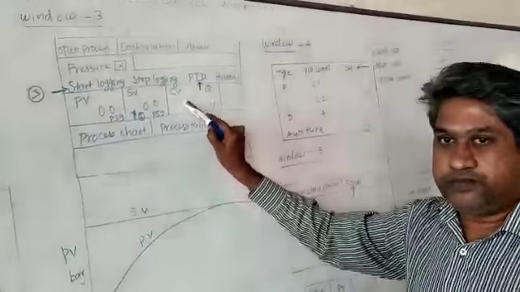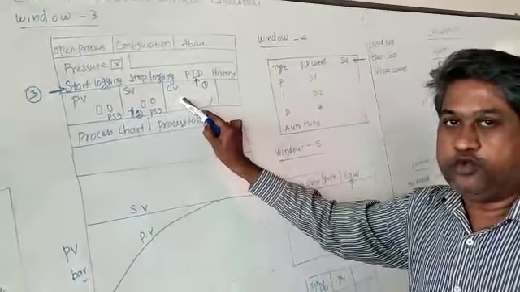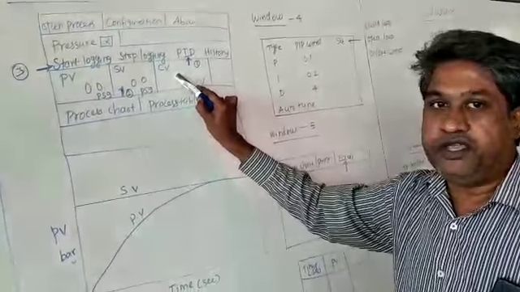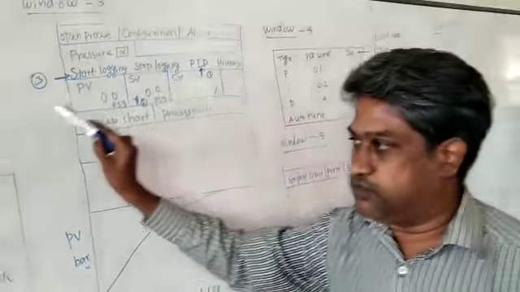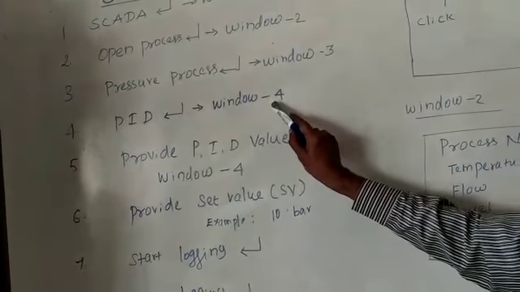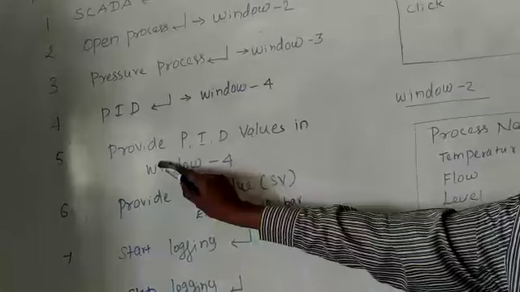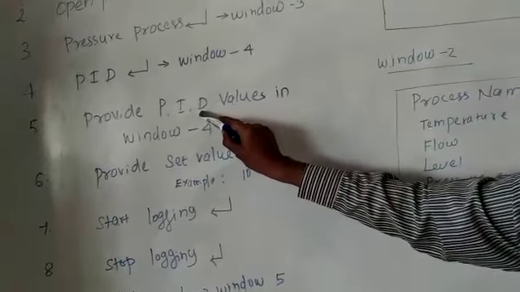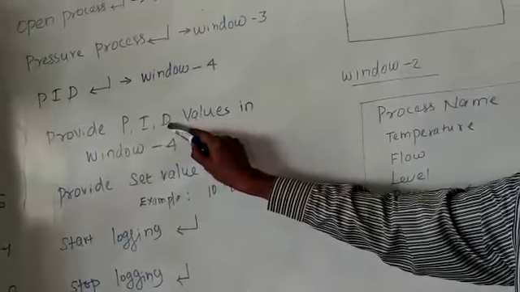The first thing you have to do, before you start any process, is choose the PID value. That is your fourth step, window 4. You have to provide the P value, proportional; integral value; and derivative value if the process uses a PID controller.